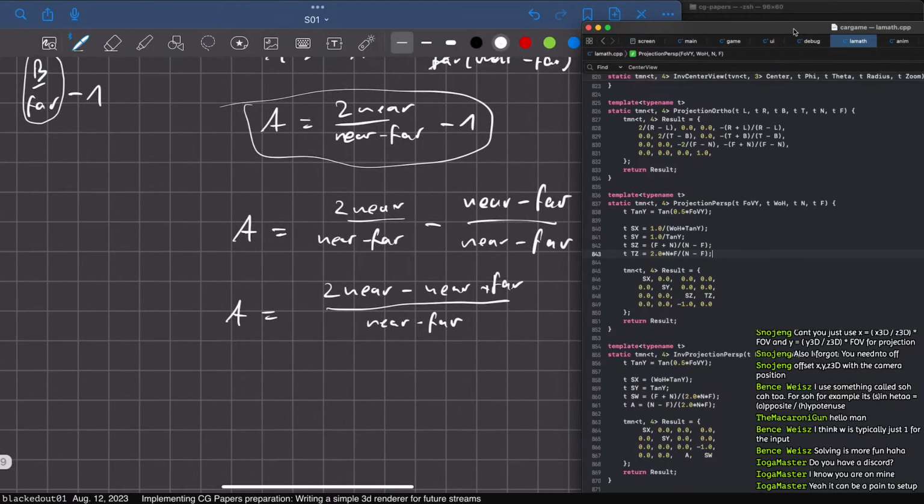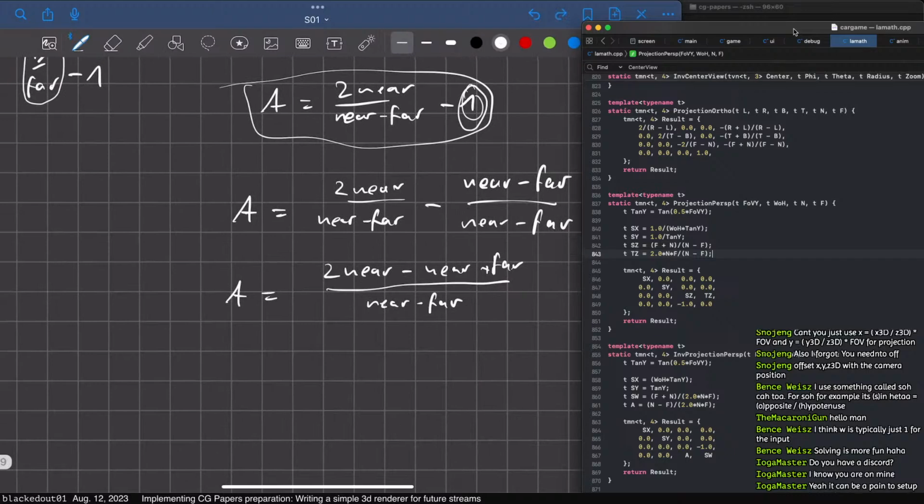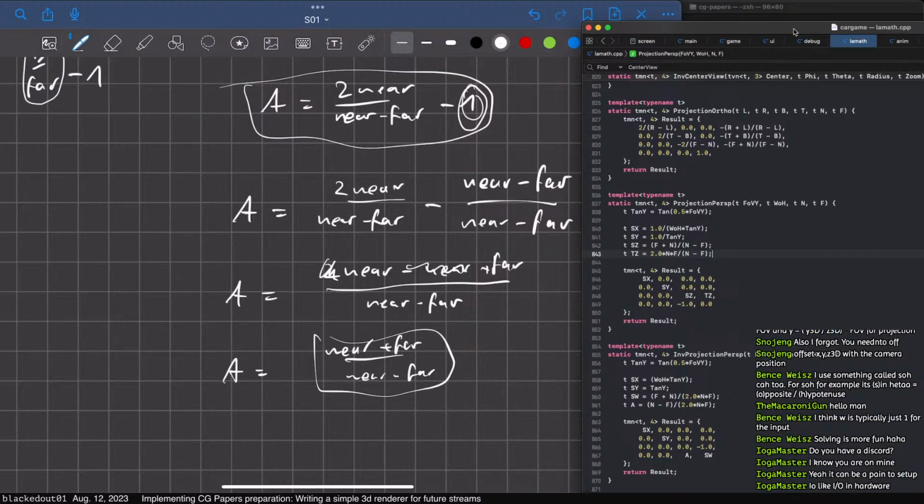So basically I just turned the 1 into this fraction with the same denominator as numerator. And then again, I can collect these numerators here with the same denominator. This way I can subtract the 1 here and remove this, plus far, near minus far. So this is the result.